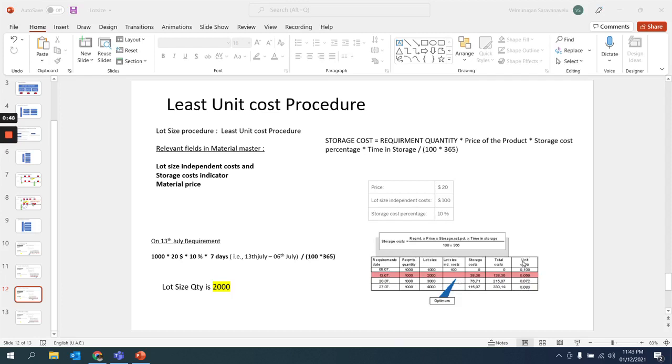Out of these unit costs, system confirms up to the requirement with the least one. In this case, for 13th of July the least unit cost is 0.069. So system confirms the lot sizing quantity, that is the order quantity, as 2000 here.